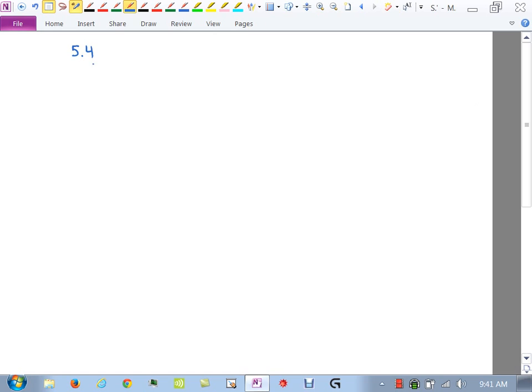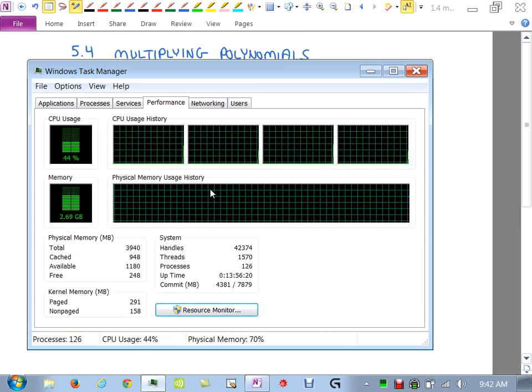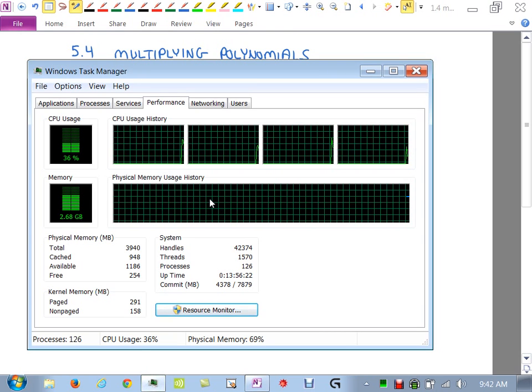We are on page 364. Multiplying polynomials. 5.4.